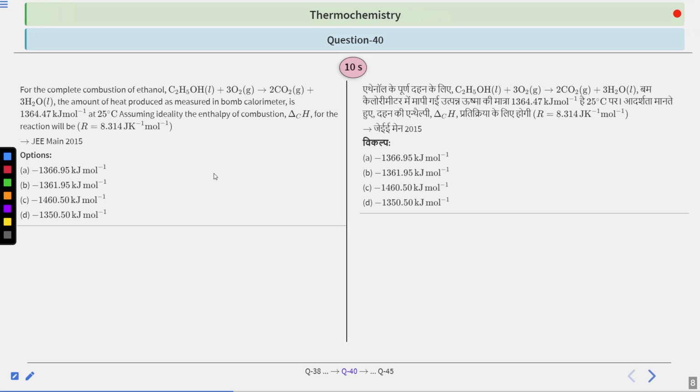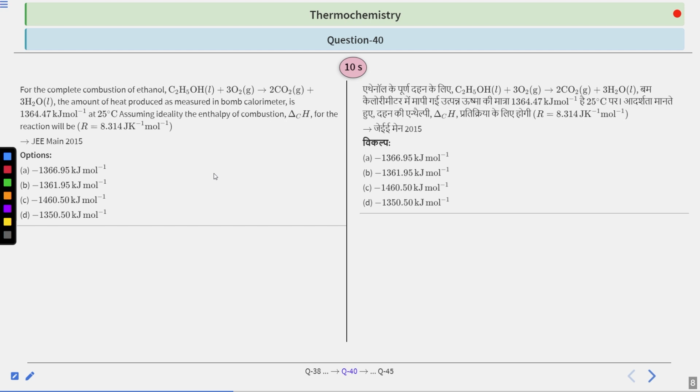Question number 40 says that for the complete combustion of ethanol, C2H5OH liquid plus 3O2 gives us 2CO2 plus 3H2O liquid, the amount of heat produced as measured in a bomb calorimeter is 1364.7 kilojoule per mole at 25 degrees Celsius.